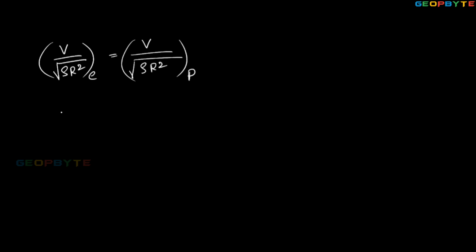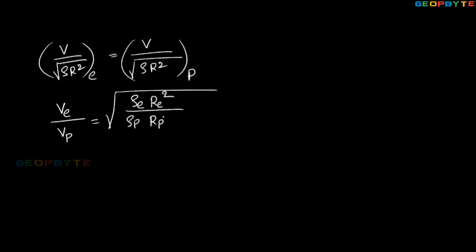Okay, from that, escape velocity divided by root over rho r square for the earth equal to escape velocity divided by root over rho r square for the planet. From this, I can write that escape velocity at the earth divided by escape velocity at the planet is equal to root over rho for earth into r for earth whole square divided by rho for the planet into r for planet whole square.